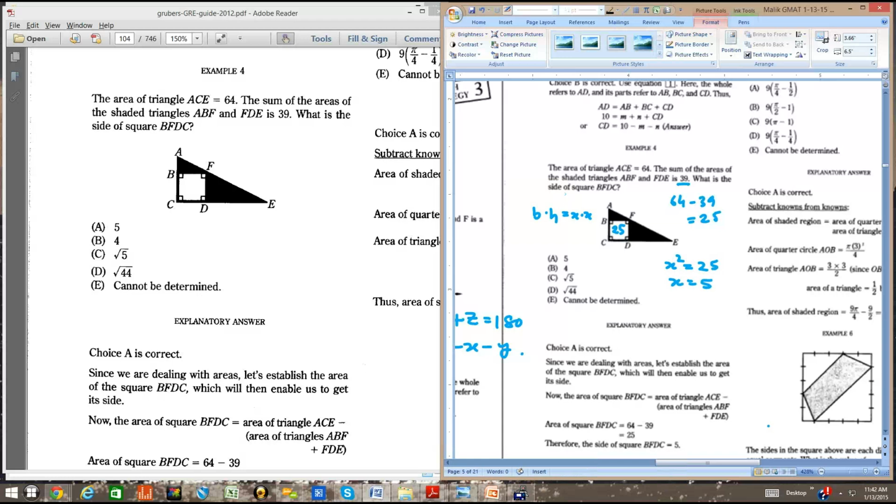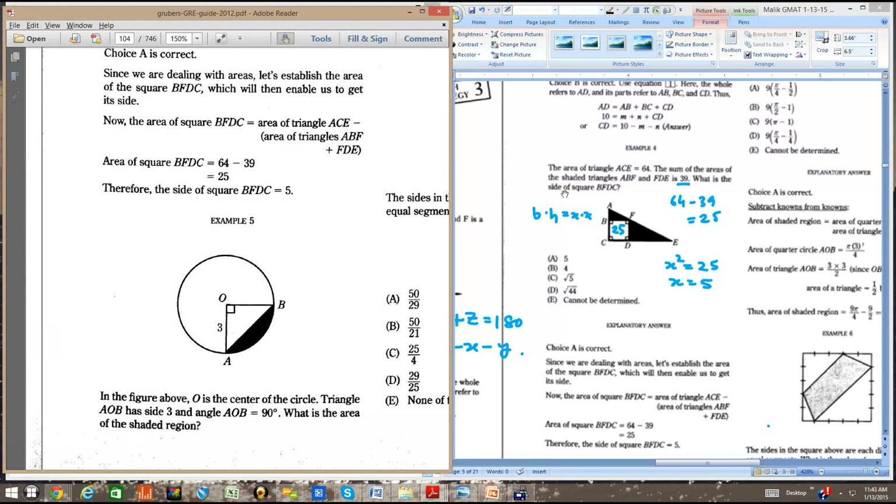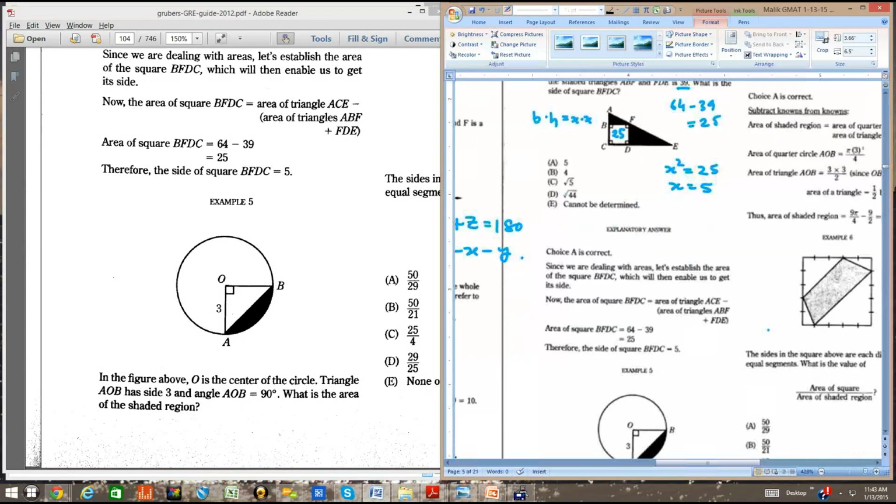Do you know your squares up to at least 12 or so? Like your times table? Okay, good. People usually remember their times table, but they don't remember the squares. It's good to know those real quick.